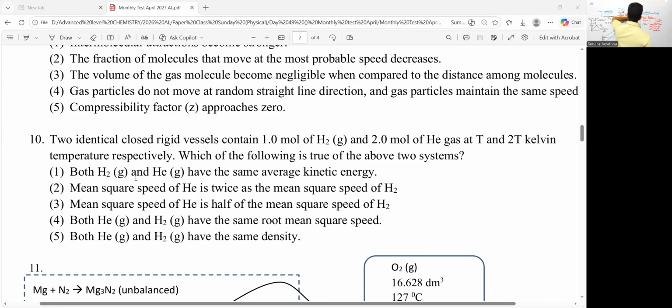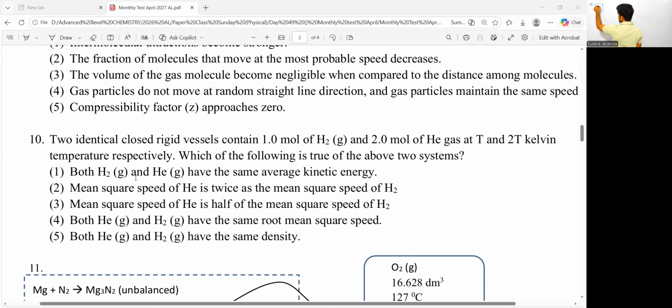Okay, now let's see what is going to be the correct answer for the 10th MCQ. It talks about two identical containers.